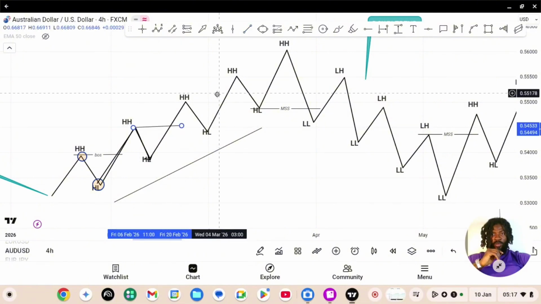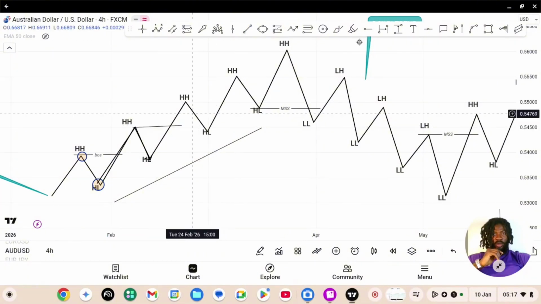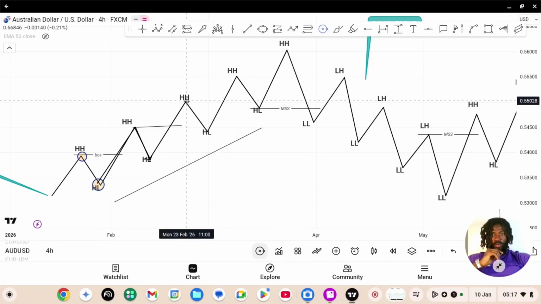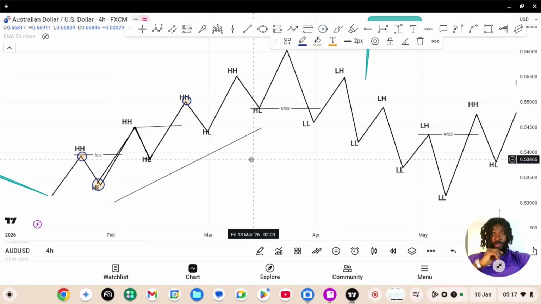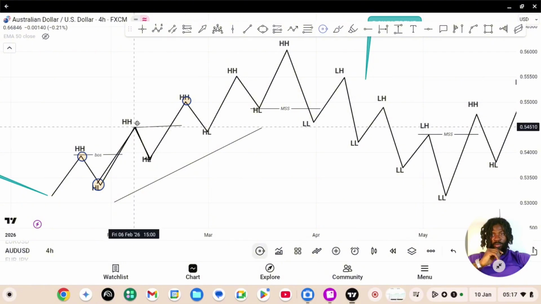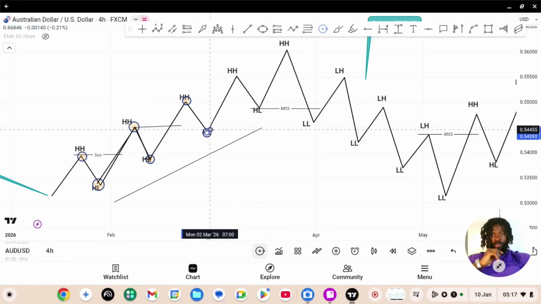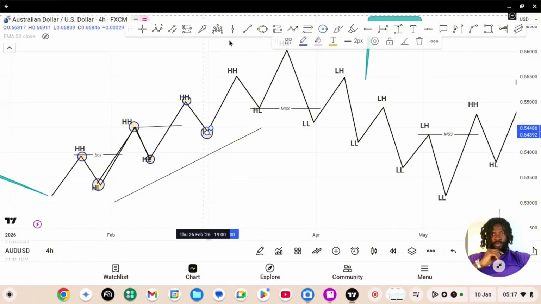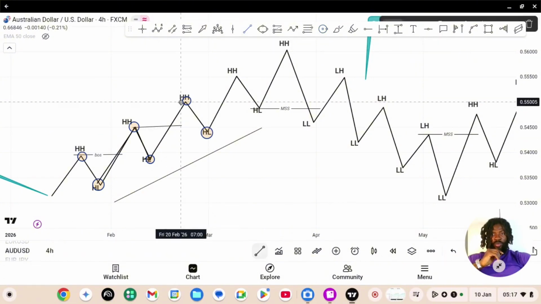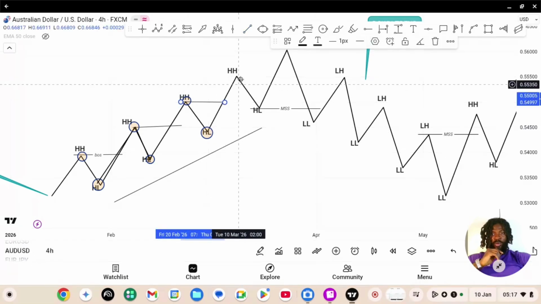We have another new higher high here, then another higher low. Now we have another new break of structure here. The market gives us another new impulsive move that broke the previous higher high. That's another break of structure.